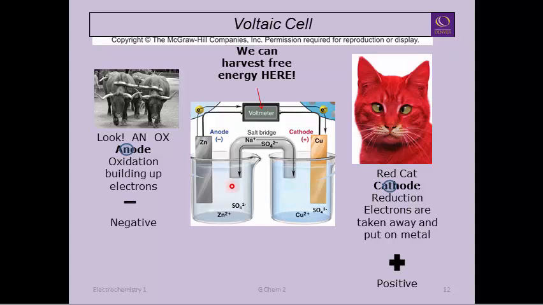And that's what the salt bridge is. It's a highly concentrated salt solution that allows you to make up for the cations that are being consumed or the cations that are being produced in one solution or the other.